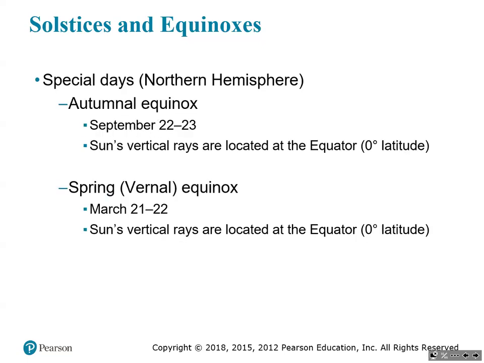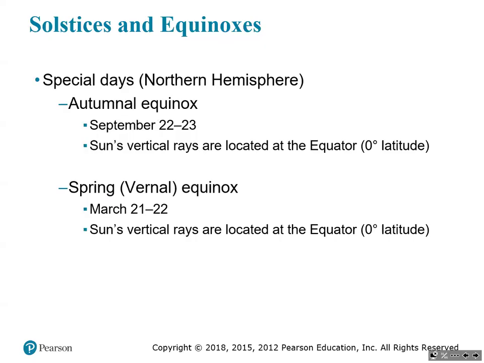Then there are two equinoxes. The equinoxes are days when the sun is directly over the equator. They're days when the entire Earth gets equal day and equal night. The day and night are of equal length. So the sun's vertical rays are located at the equator. The autumnal equinox is September 22nd or 23rd.